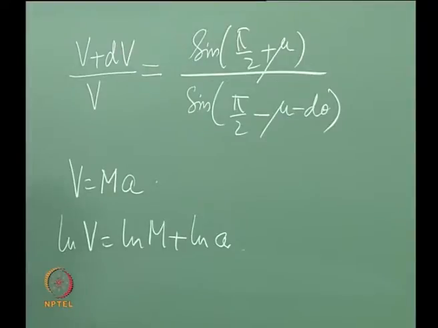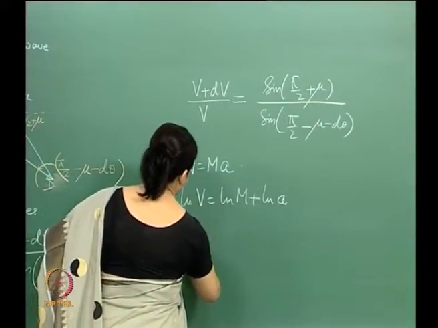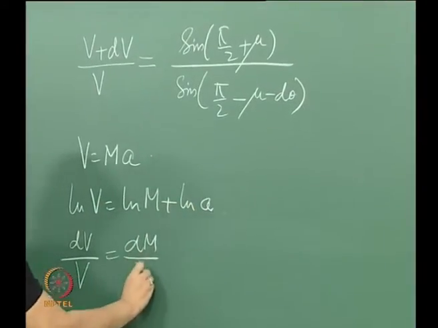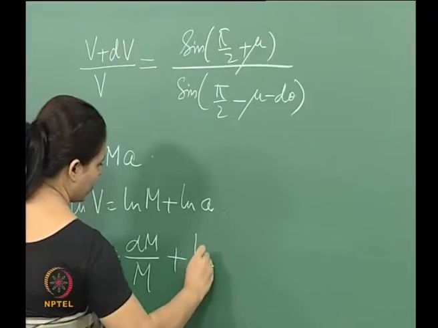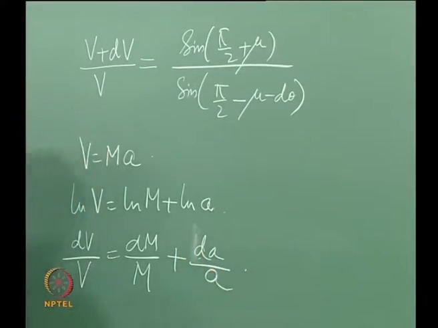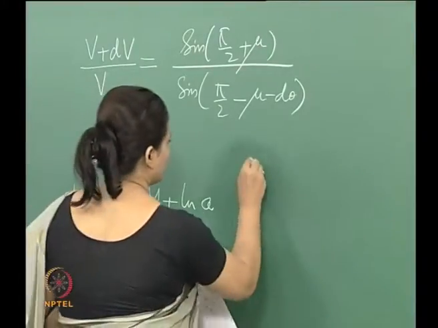So if I take log and then differentiate, what I get is dv by v is dM by M plus dA by A, right. Then for a calorically perfect gas and for the adiabatic energy equation, what we get is this.